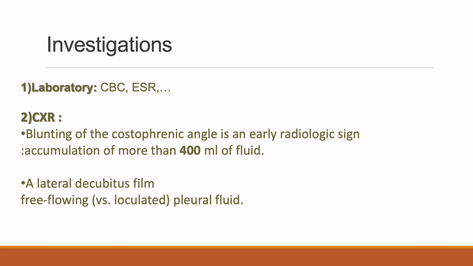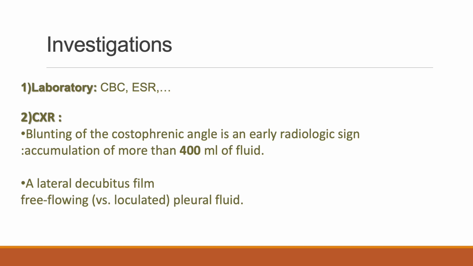It might also give a hint about the causative factor. You can find rib fractures if a patient has trauma, a mass if there's lung cancer or metastases, evidence of consolidation which may be the underlying cause, or a collapse of the lung, or areas of infarct.